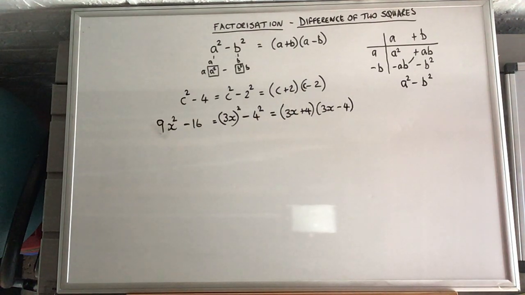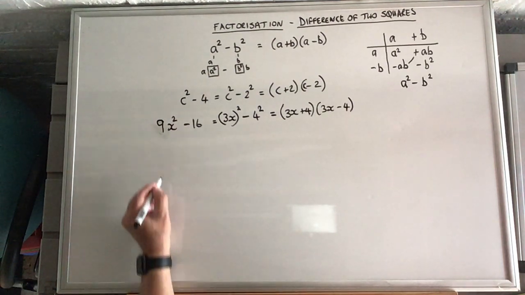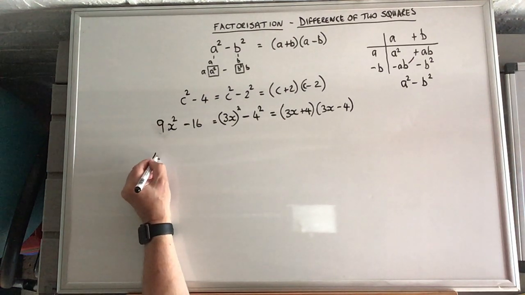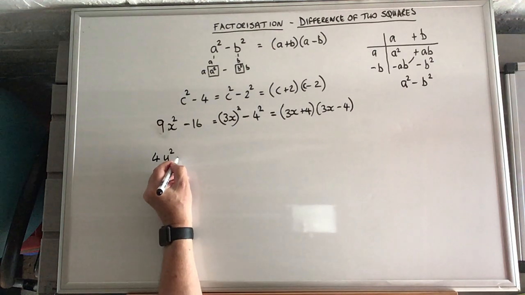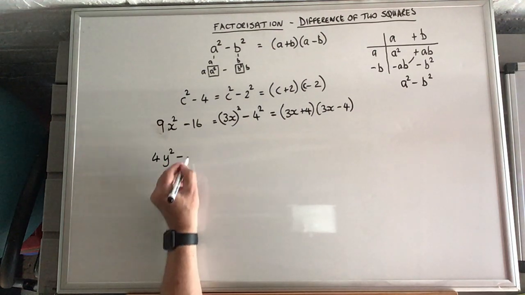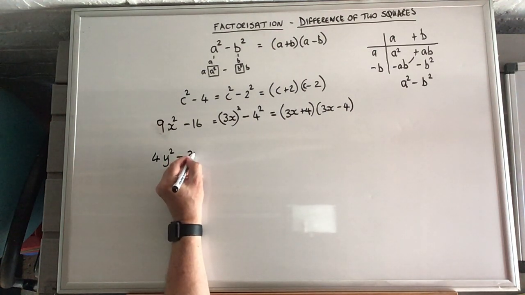Let's try a slightly trickier one, where we take out a common factor first. Let's go for 4y squared minus 36.